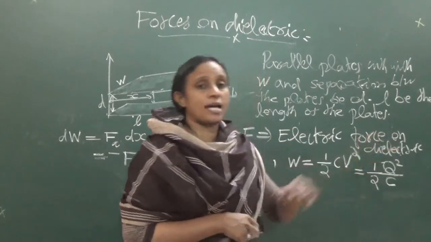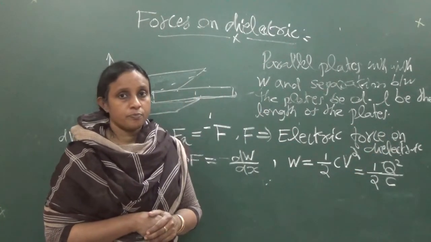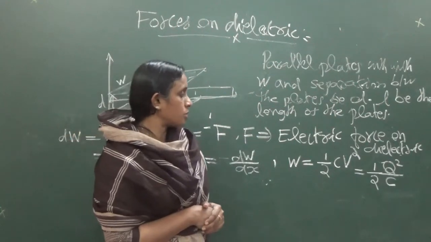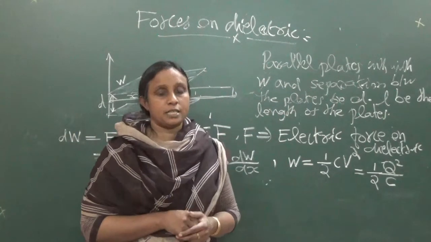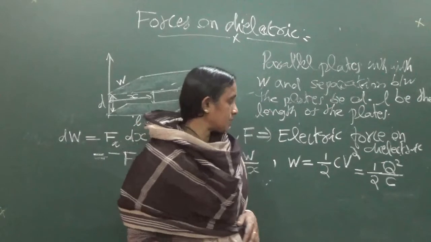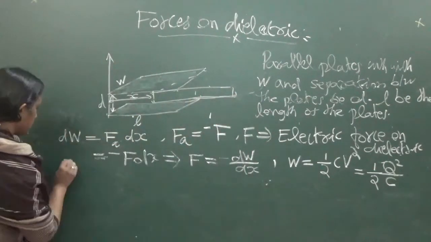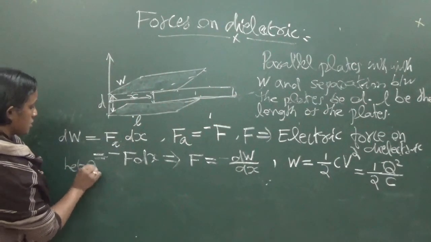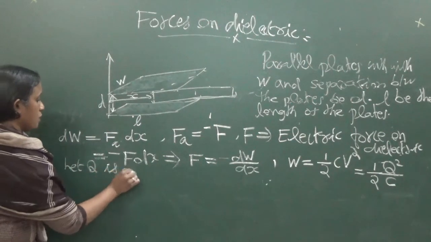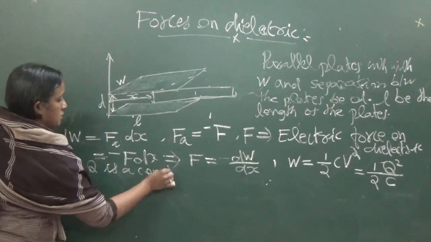Treating Q as a constant, you can find dW by dx.